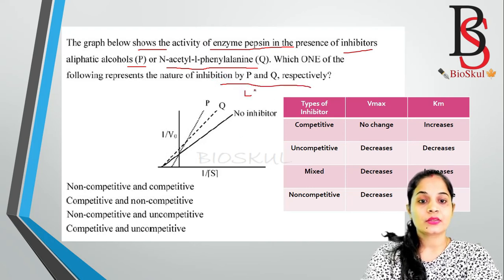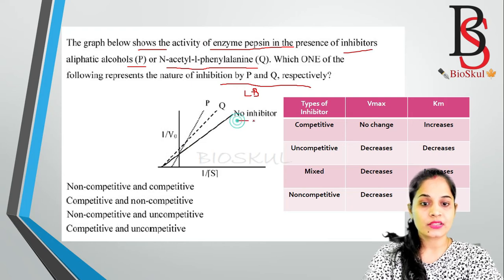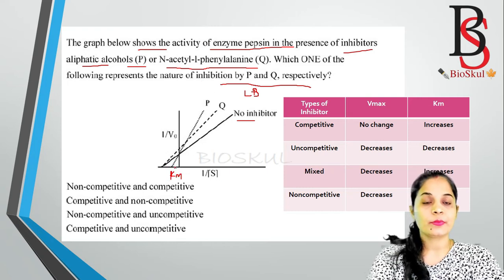Okay, so this is the LB plot, the Lineweaver-Burk plot, for enzyme inhibition. The solid line is with no inhibitor, and P represents the inhibitor, the aliphatic alcohol. Km represents the concentration of substrate where the enzyme reaches half of its maximum velocity.